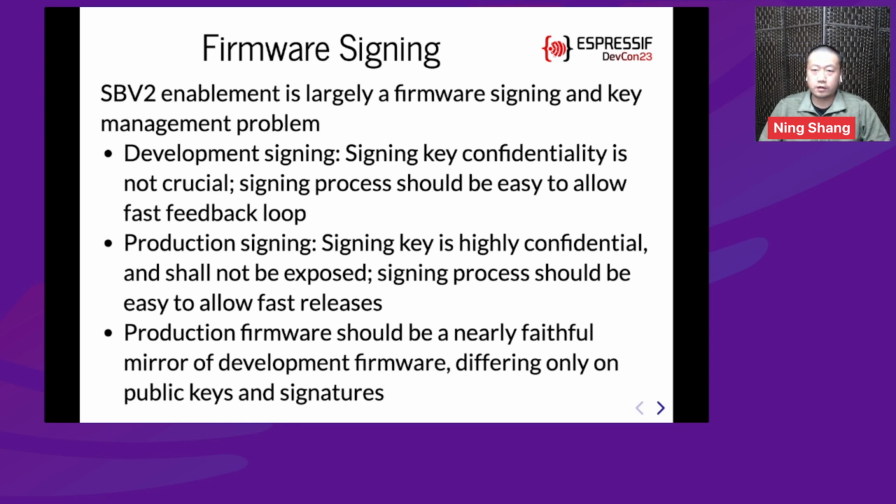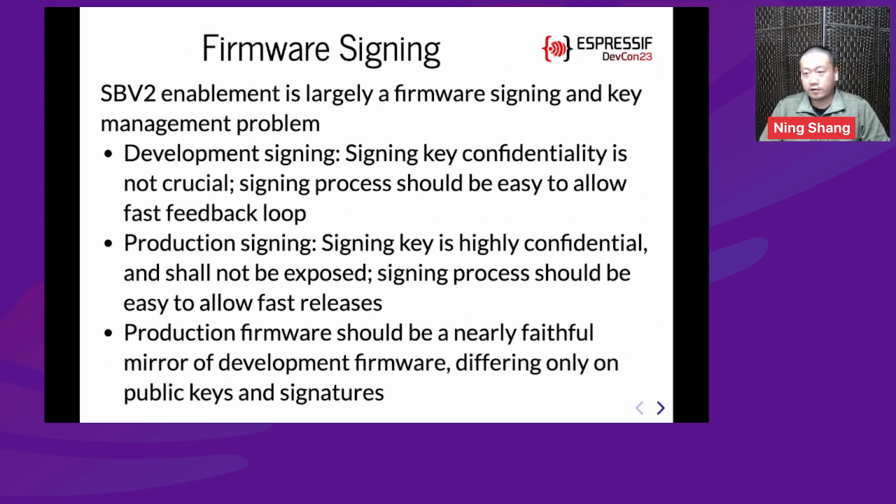There are two cases we want to distinguish. The first one is the signing in development. Usually in development, we only play with a handful of devices. The signing key confidentiality is usually not very critical because these devices will not be used in the production scenario, will not be in the hands of the customers.